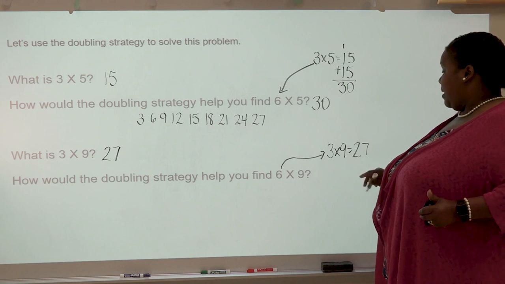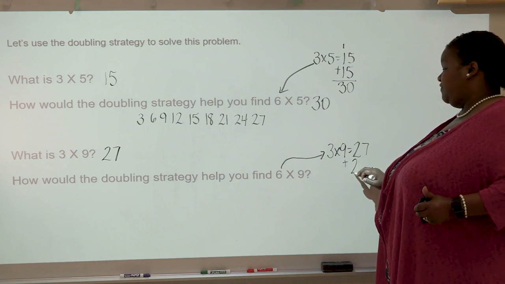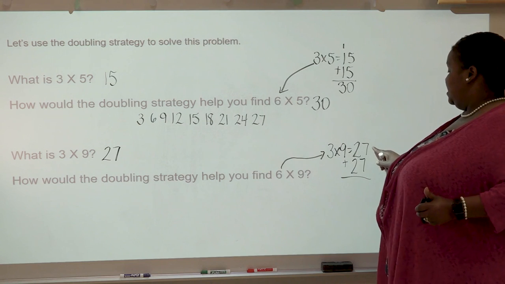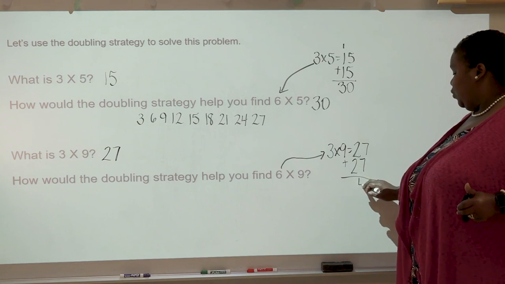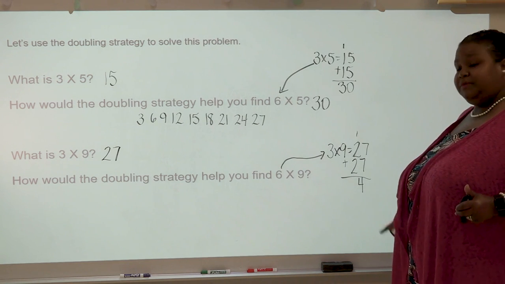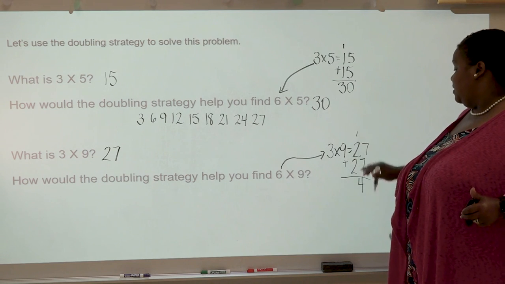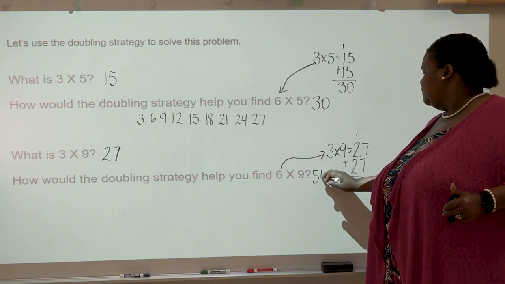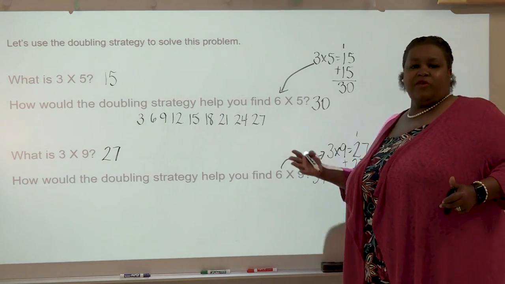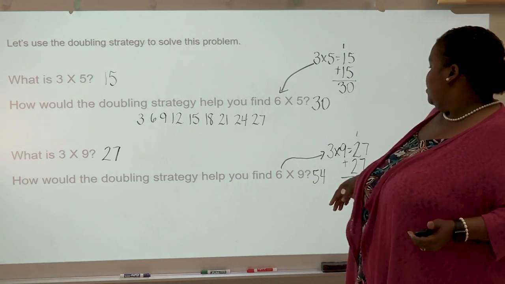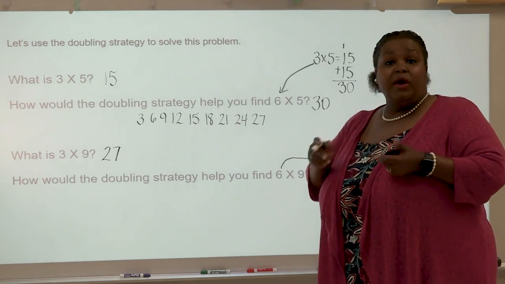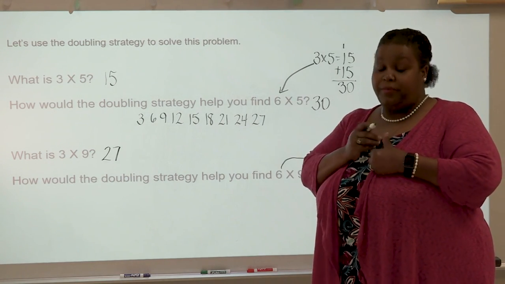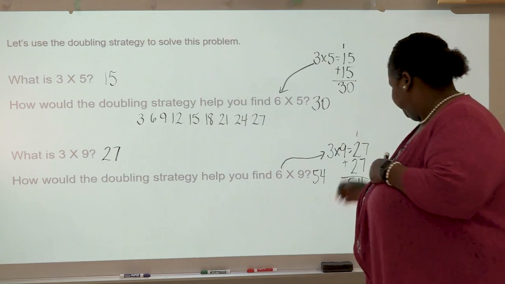So I can add my product twice to find what 6 times 9 is. 7 plus 7, 14, carry my 1. 2 plus 2 is 4, plus 1 is 5. 54. This is just another strategy if you don't know your 6s very well, to use 3s that I hope you do know very well.